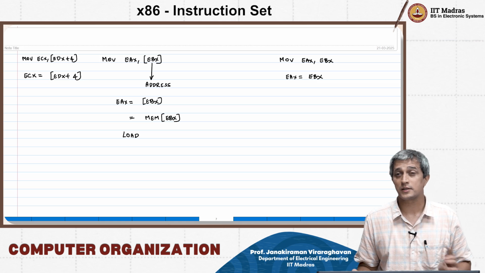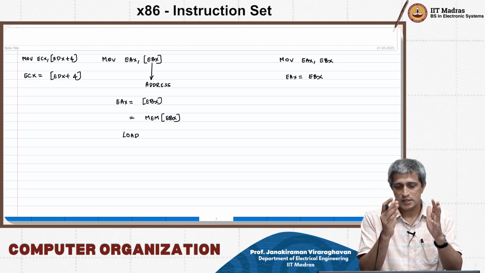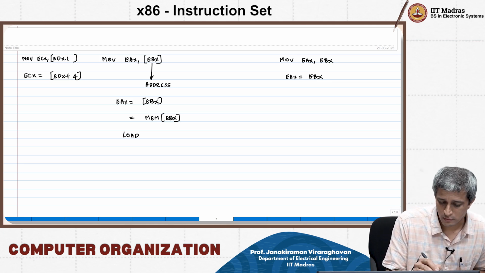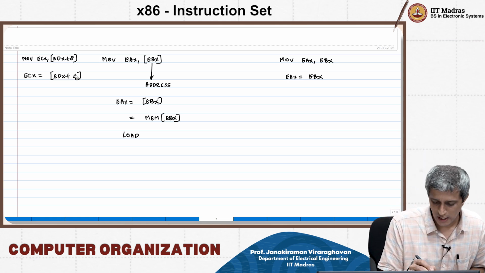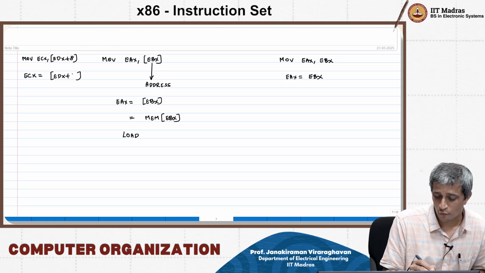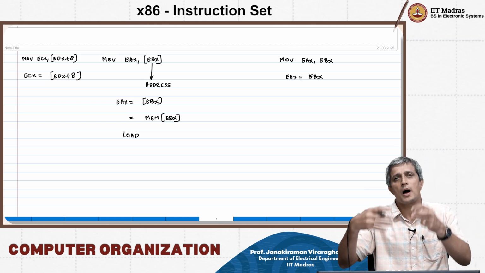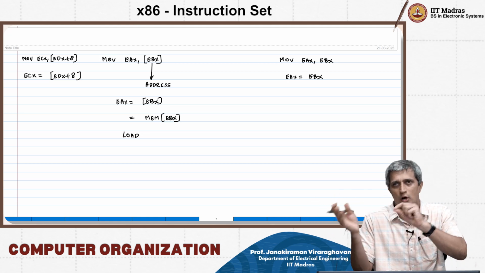Now what happens is very interesting. This plus 4 could be plus 8, could be plus 2, it depends. Whether I am doing plus 8 or plus 4 is actually part of the machine code. You are telling it to add a fixed offset.